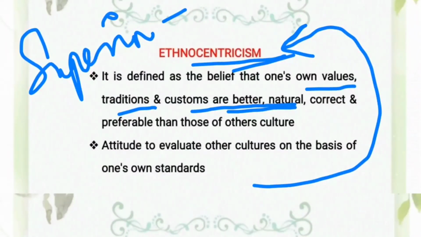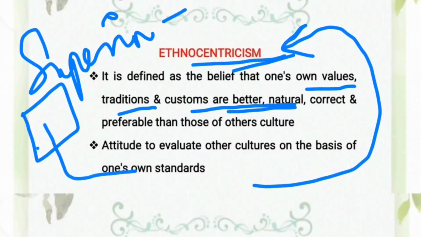Because if we evaluate others' religion or culture on the basis of our own standards, definitely there will be some flaws in there, because different cultures are quite different, and there are quite various differences in them. So the attitude of evaluating other cultures on the basis of your own standards defines ethnocentrism. Ethno is the culture, the belief you follow. Centrism is being centered towards your own culture only, and you consider your own culture superior to that of others, and you will not respect others' culture.